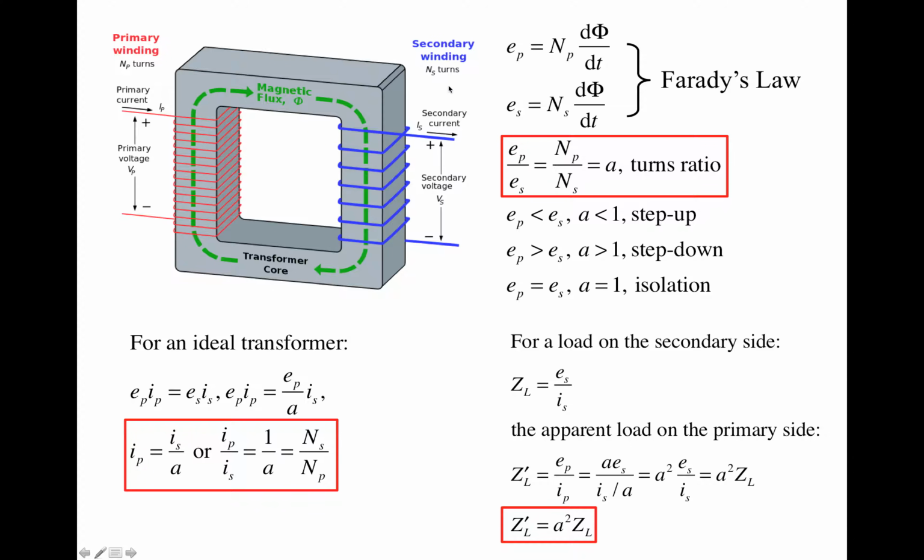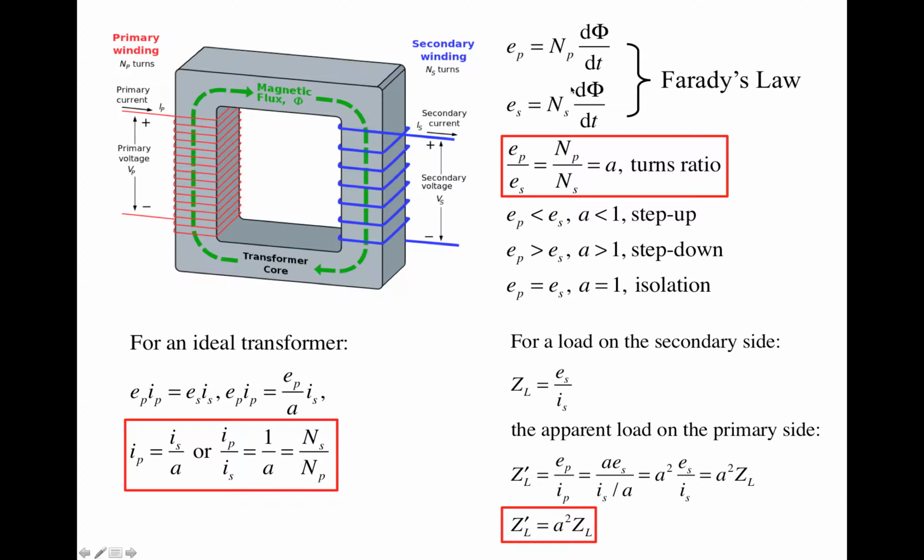I replaced the V_P with e_P here because lowercase letters are usually used for indicating instantaneous values. So the voltage on the primary side, e_P, is equal to the primary side number of turns in the coil, N_P, times the temporal rate of change of the magnetic flux, phi.